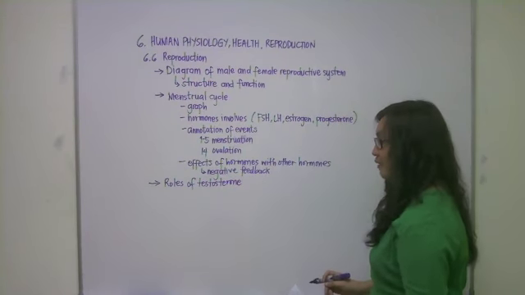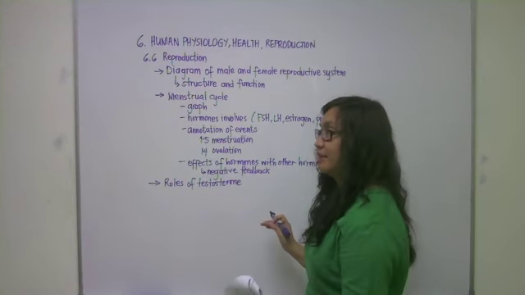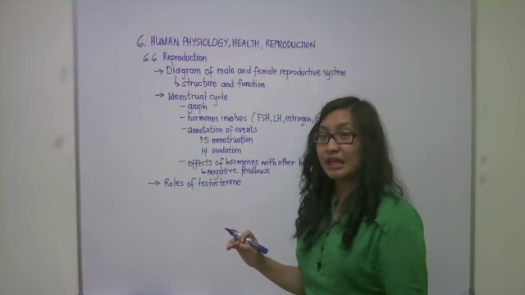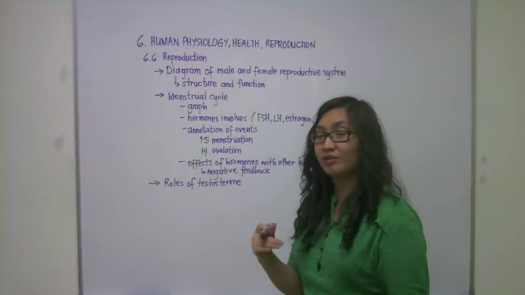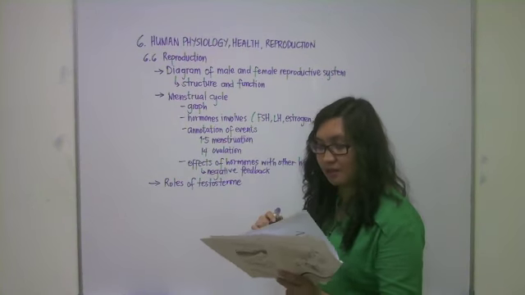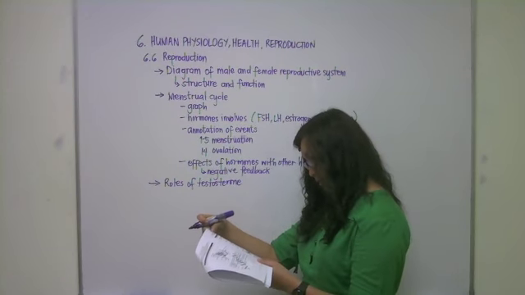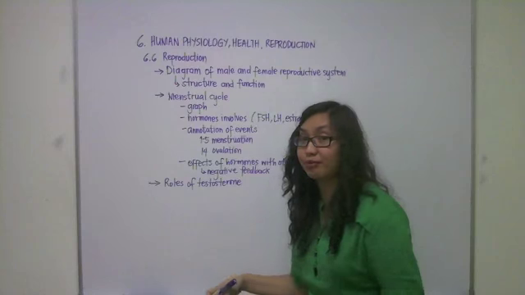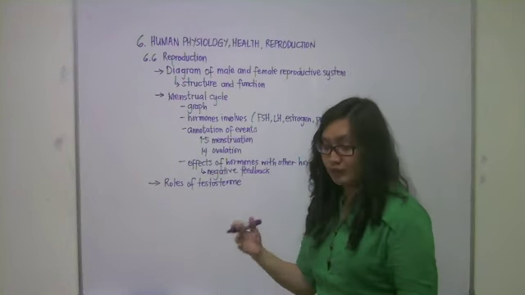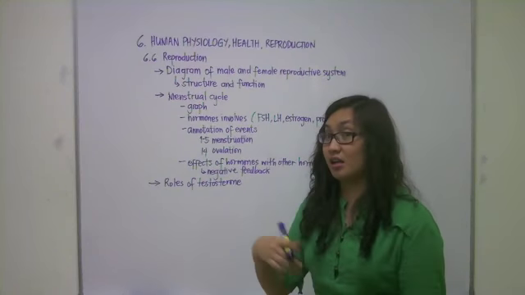So you can just list down those roles, wherein, for example, testosterone initiates and maintains the growth and the development of the male reproductive system. It actually initiates the prenatal development of the male genitalia, of course in males, and maintains the libido or the sex drive in an adult.